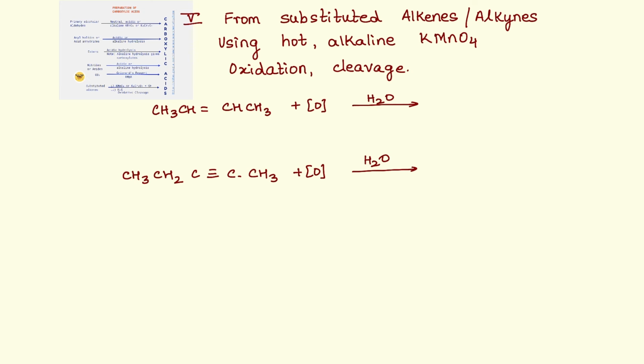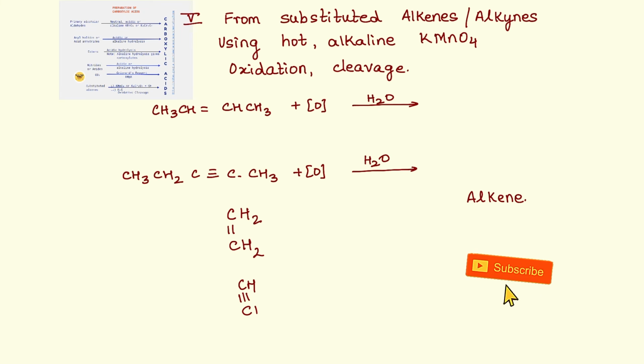Your starting alkene is CH double bond CH, right? No, it's CH2 double bond CH2. We are talking about an alkene. What would be your starting alkyne? Yes, that would be CH triple bond CH. Now you replace the hydrogen by another alkyl group.